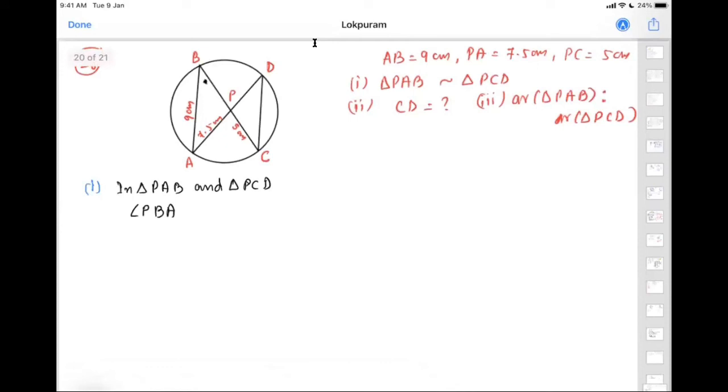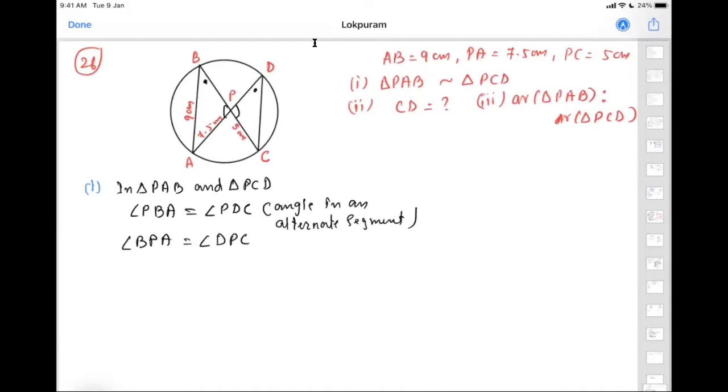This angle is equal to this angle in an alternate segment. Angle in an alternate segment. And this is vertically opposite angle. Angle BPA is equal to angle DPC. Vertically opposite angle.